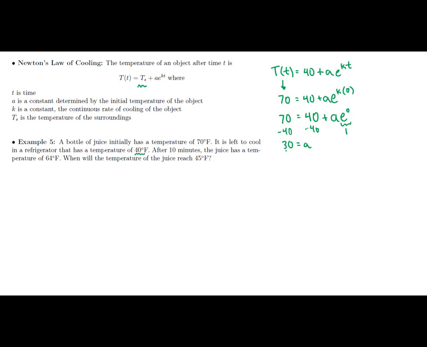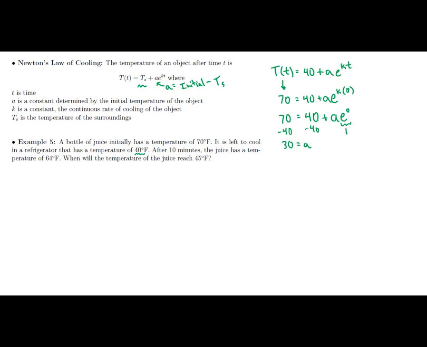Now, if we are a little observant here, notice that A ends up being your initial temperature minus the temperature of the surroundings. So it's the difference between those. So for A, you could just make a little note that A is equal to initial minus the temperature of the surroundings, okay?